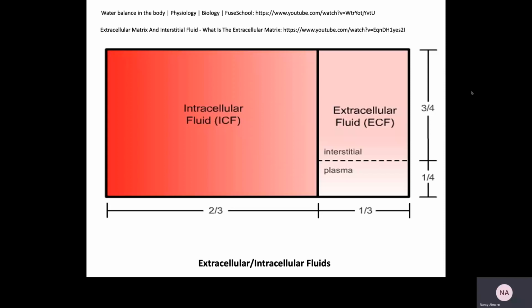And we also have plasma, and plasma is that atypical liquid matrix of blood. Blood is considered a connective tissue. The fluid that you find within cells is known as the intracellular fluid, also known as the cytosol. And that shows you the distribution of fluid, how much is intracellular, how much is extracellular, and how much is plasma.